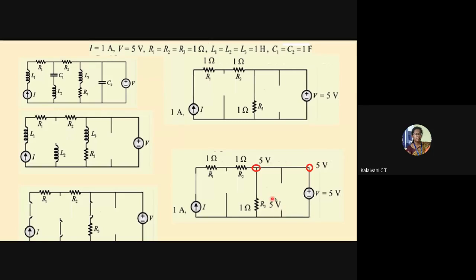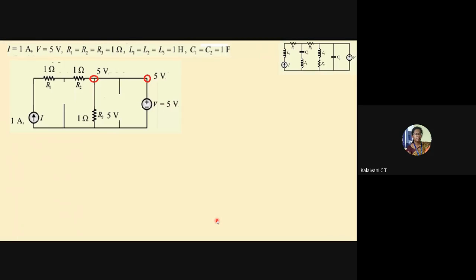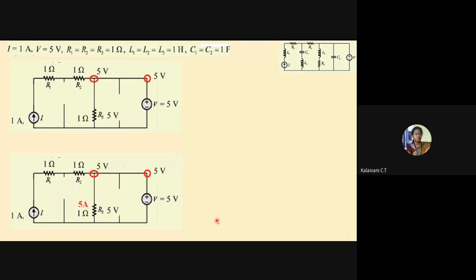We know the value of voltage, we know the value of resistance. So the current will be V by R, so the current value will be 5 amps.